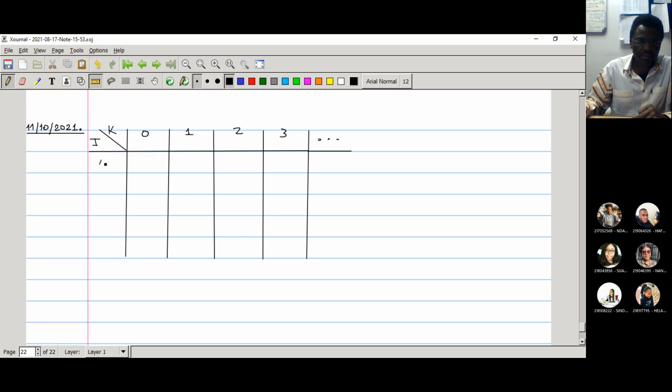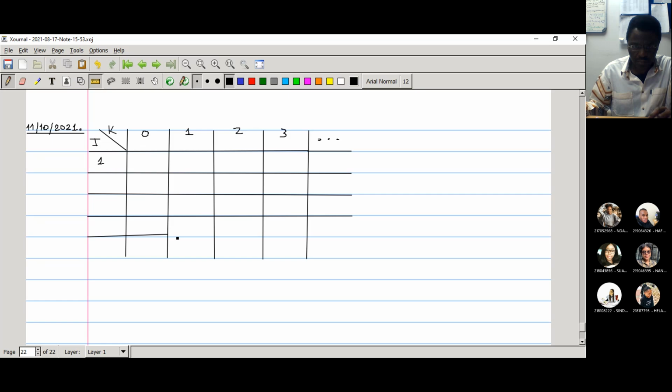Now here j is equal to 1. j equal to 1, you fill this, and then j equal to 2, and so forth.